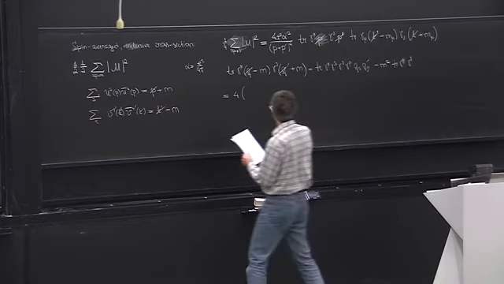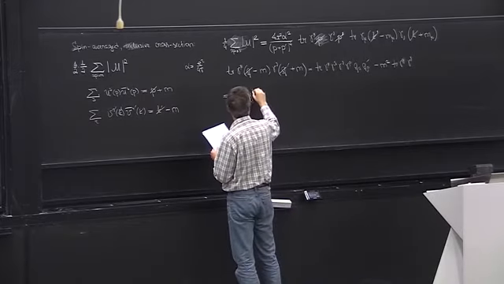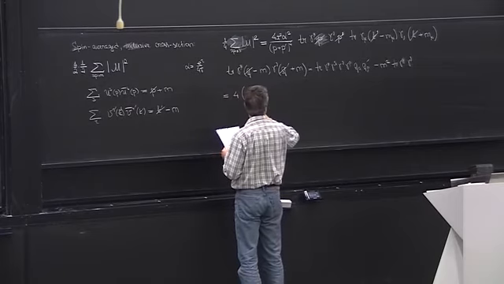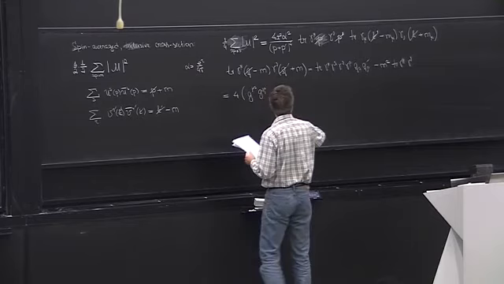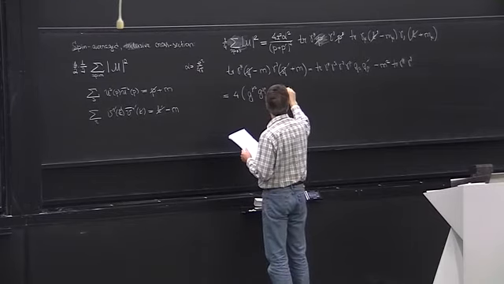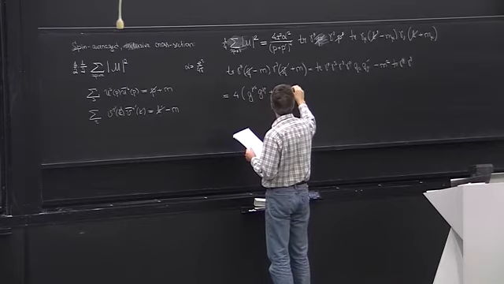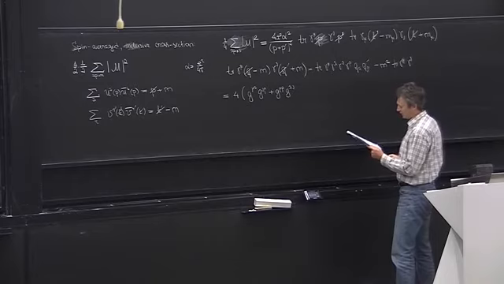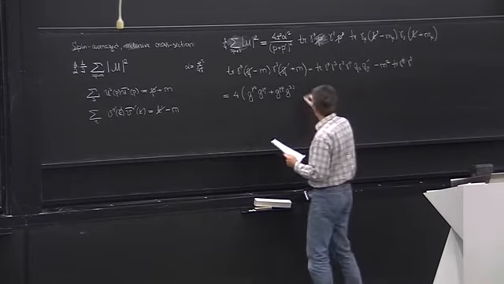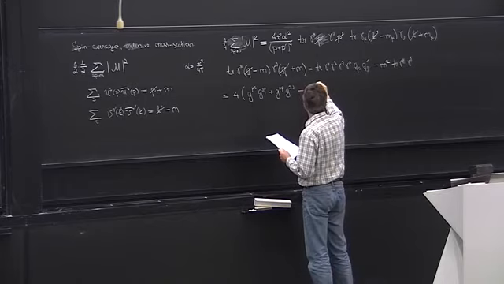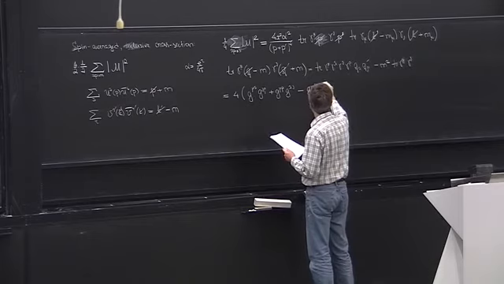So there will be the term with g mu lambda g nu rho, plus g mu rho g lambda nu, and minus g mu nu g lambda rho.